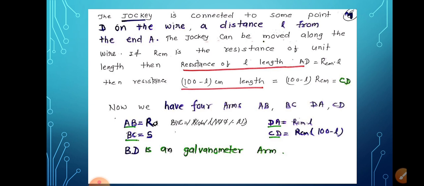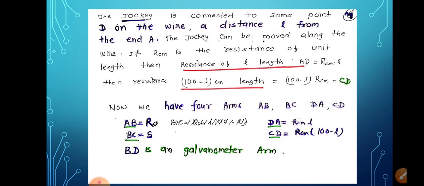If r cm is the resistance of unit length, then the resistance of length L, AD, will be r cm into L, and the resistance of the remaining length 100 minus L will be 100 minus L into r cm, that is CD.